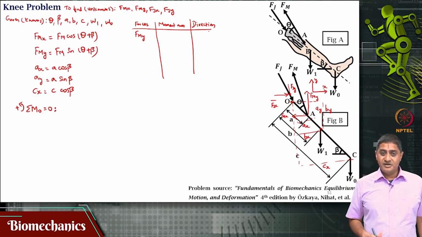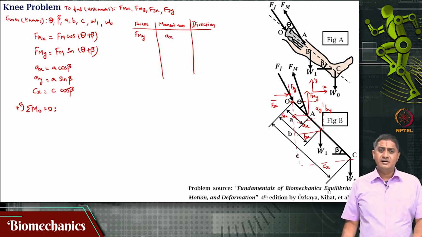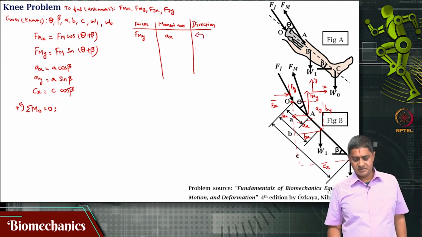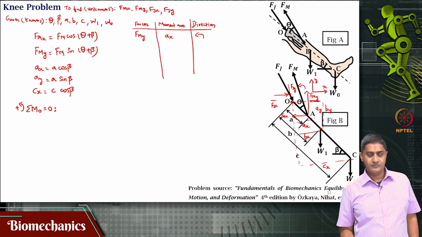Fmy can cause a moment, and its moment arm is Ax, and Fmy has a tendency to cause a rotation in the counterclockwise direction. So, positive moment. How do I know this? Because that is the rotation that this force is causing.